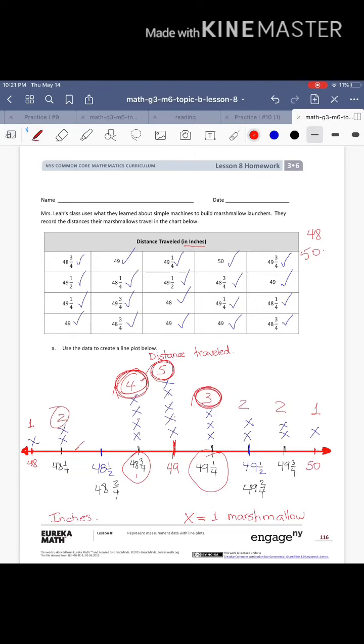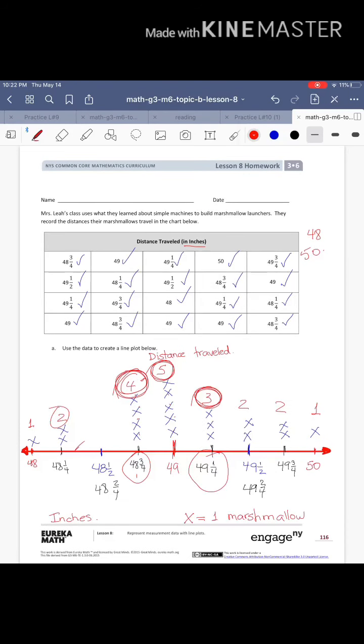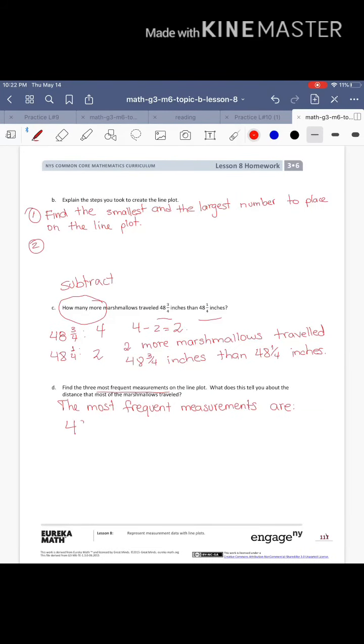So the measures that have the most frequent numbers are 48 and 3/4. We're going to put it here. So we're going to answer the question. The most frequent measurements are, let's put it from shorter to highest, okay? 49 and 1/4 would be the first one.